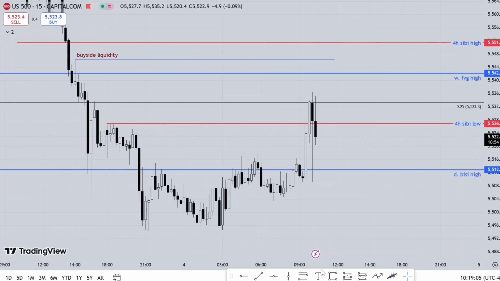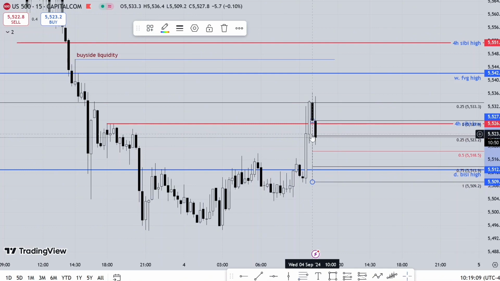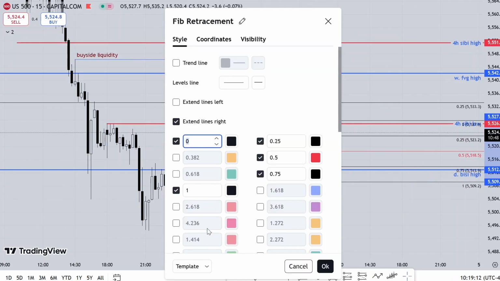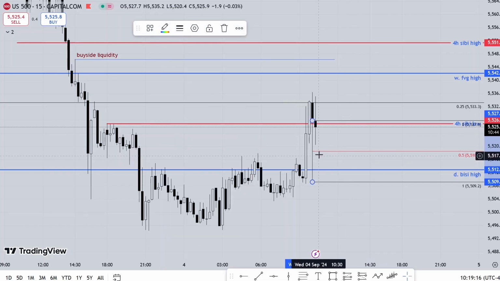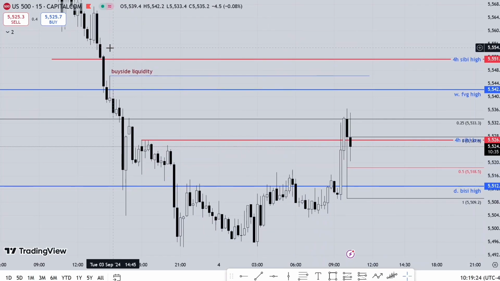So take your flip and indicate the midpoint of this week. So we want to see price stay above this level. So if price stays above this level, then we're coming here.